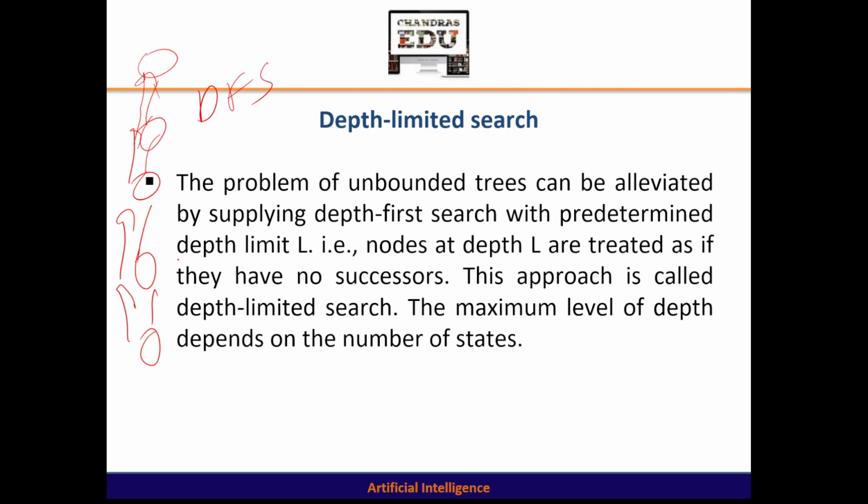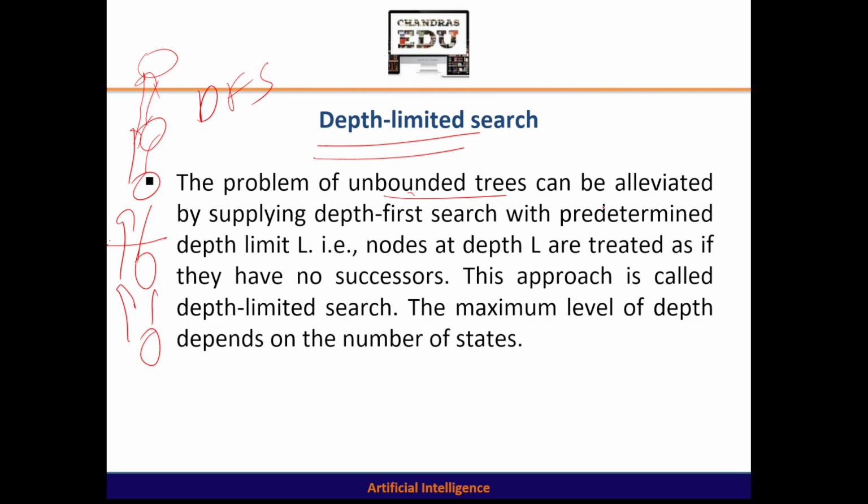So if we limit the bound of the depth, that means how deep it can go, then that type of search is nothing but depth limited search. Consider the problem of unbounded trees, where the path can be very deep and may have cycles.